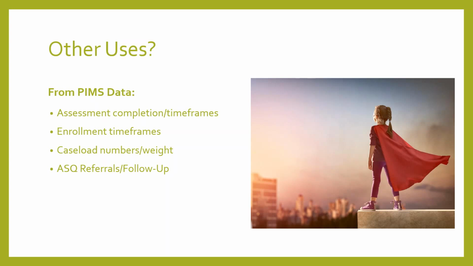You could also use it for caseload numbers or weights, tracking as people are getting closer to their limit, or if people are not as full as you would like them to be. If you're trying to keep caseload numbers up, when people drop below a certain number, you could have it change colors. You could also use it for tracking follow-up on things like ASQs or depression screenings. There's really limitless options when it comes to conditional formatting.